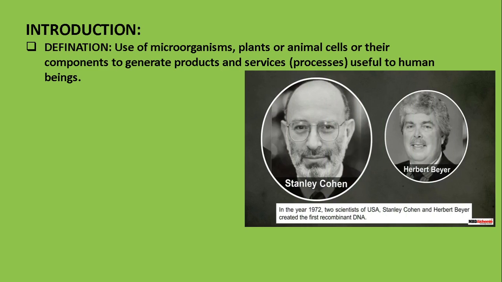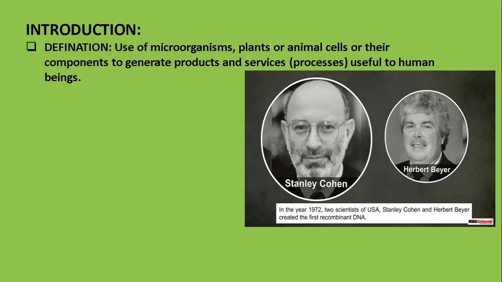Now, for the first time in the year 1972, such a novel DNA, recombinant DNA, was created by the scientists Stanley Cohen and Herbert Boyer. The first recombinant DNA was created in Escherichia coli. How did they do it? They had an organism which had the antibiotic resistance gene. They took out that gene and placed it in the plasmid of Salmonella typhimurium.